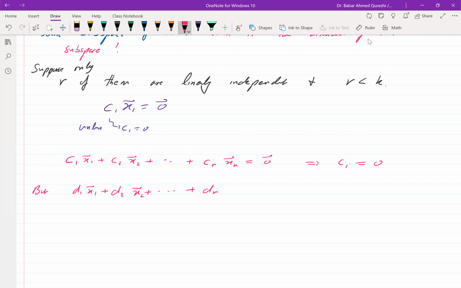Now I add one more vector from the set of the eigenvectors. This must have a solution where not all di are 0.